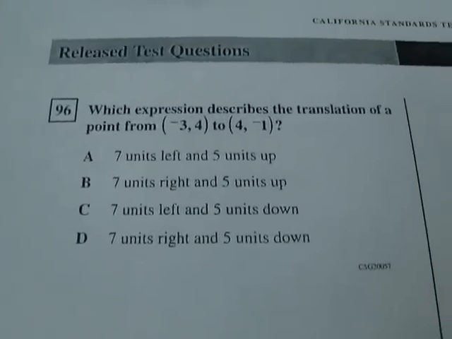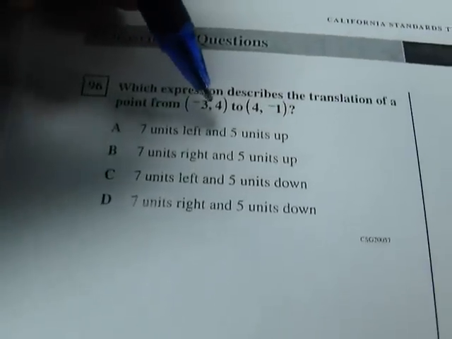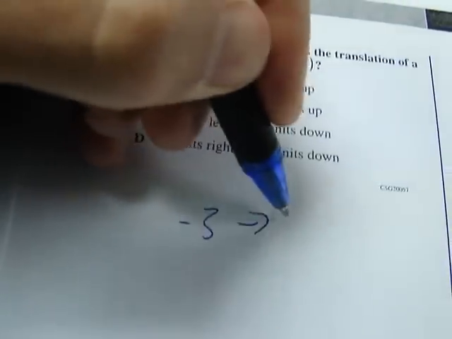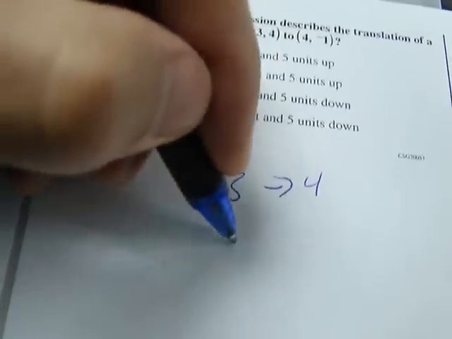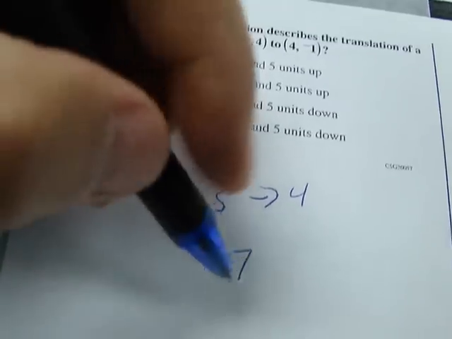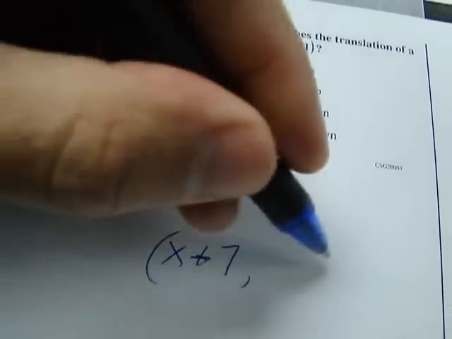Last problem, and then we're done. Which expression describes the translation of a point from (negative 3, 4) to (4, negative 1)? From negative 3 to 4 is going up by 7, so it's x plus 7.